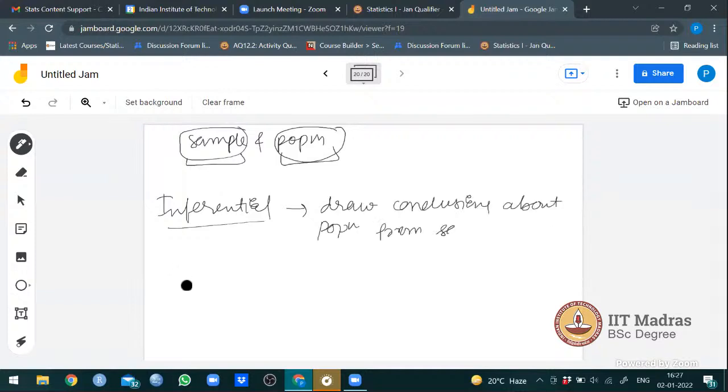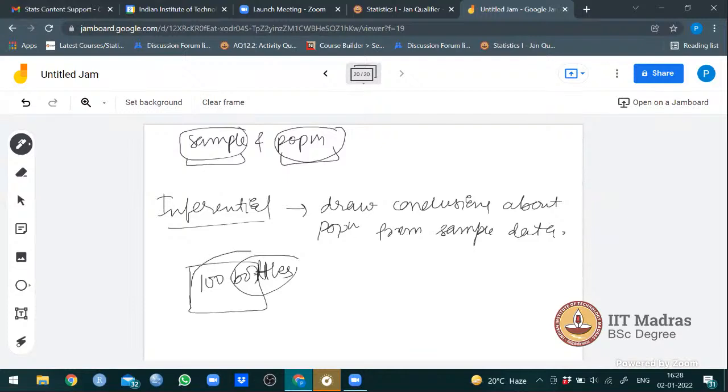Suppose I have in total 100 bottles produced by a manufacturing company, and an inspection team goes to that company and wants to check for defective bottles. This is your population.